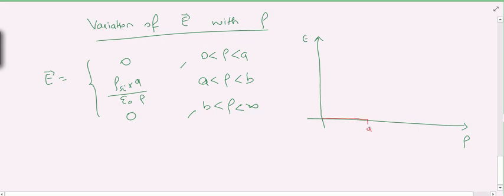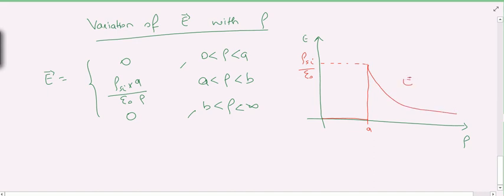Suppose here is my radius A, and on this range the value gets maximum, and that value will be when rho becomes A. So A gets cancelled, it is rho s by epsilon naught, and after that there is a decrease.